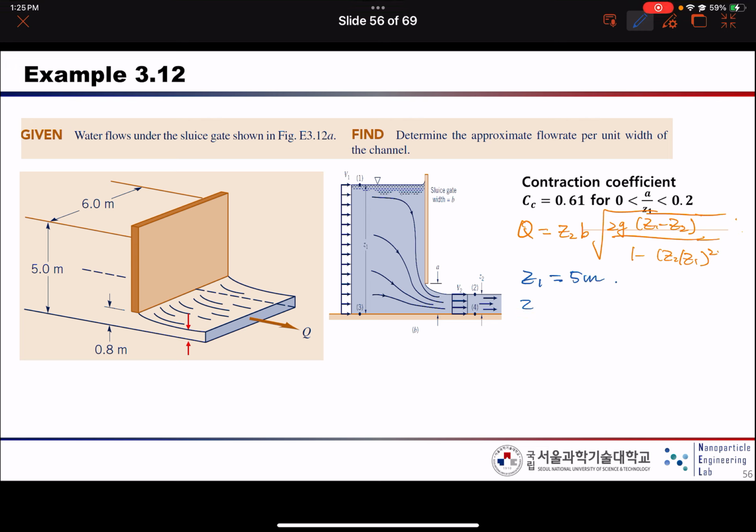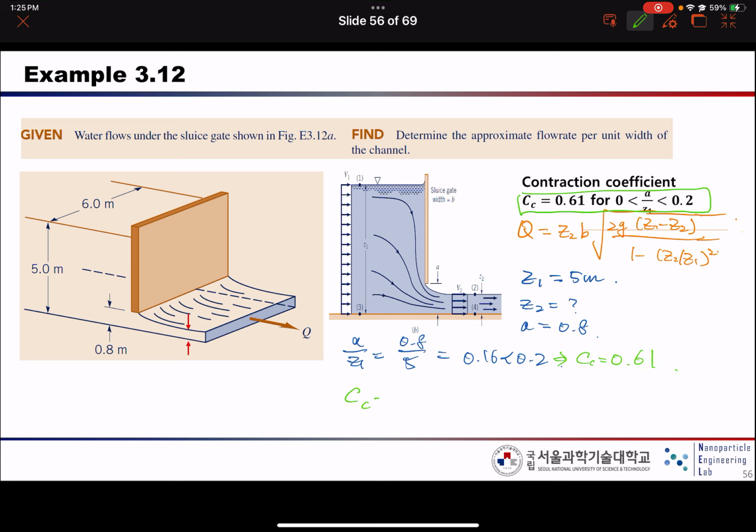And Z2, we don't know that, right? And we know the A is 0.8, right? So A divided by Z1 is 0.8 divided by 5, which is 0.16. So this is less than 0.2. So we know the contraction coefficient. So CC value will be 0.61, right?